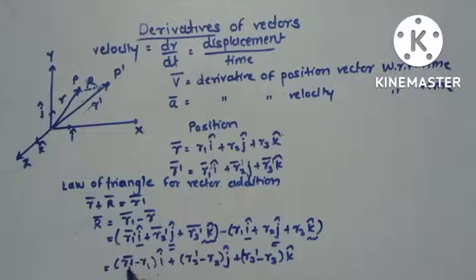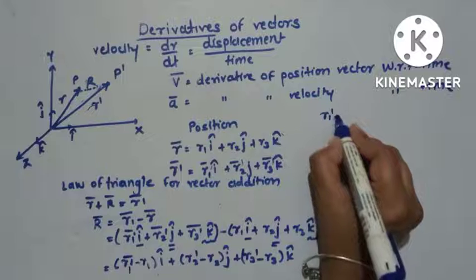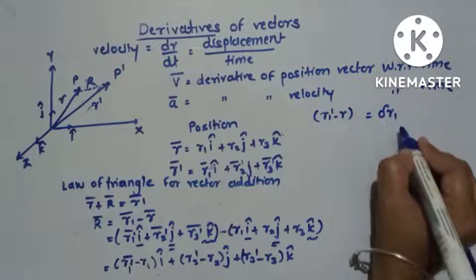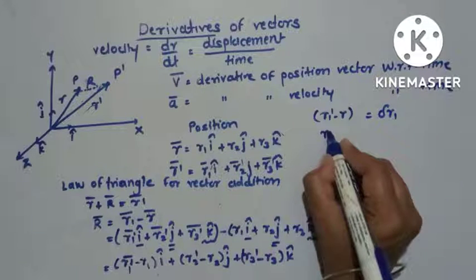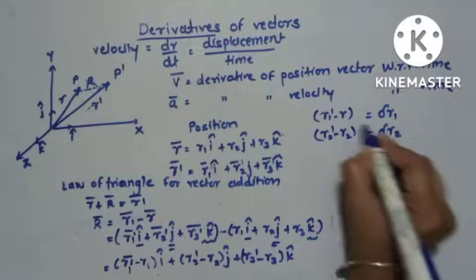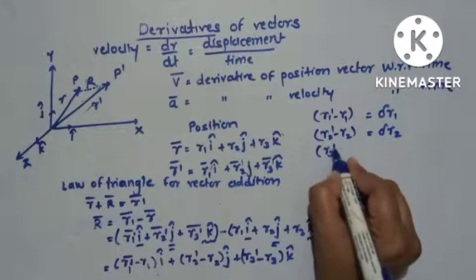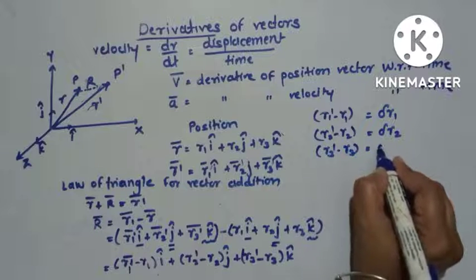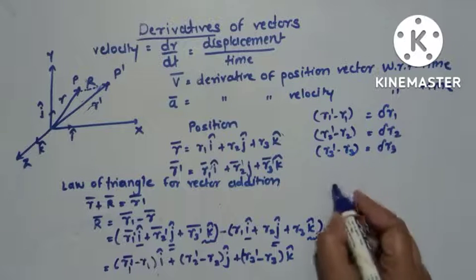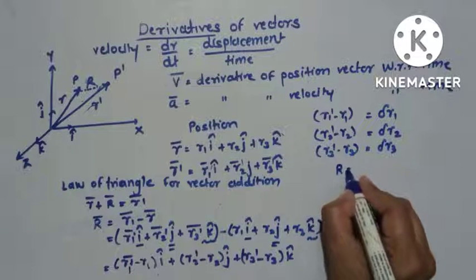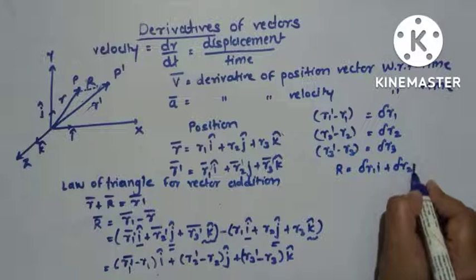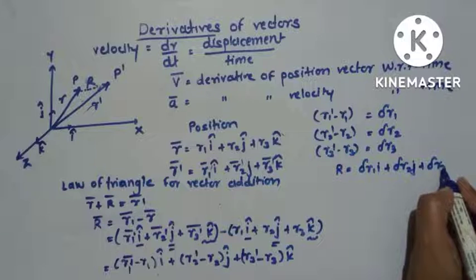Now let us call r1 dash minus r1 as delta r1, r2 dash minus r2 is equal to delta r2, and r3 dash minus r3 is equal to delta r3. Now if I put these values, capital R is equal to delta r1 i plus delta r2 j plus delta r3 k.